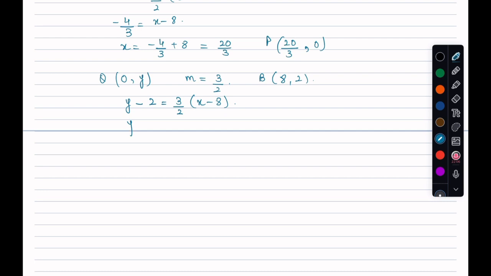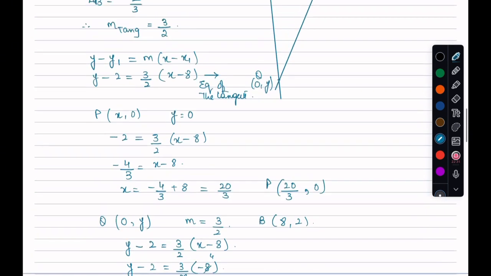Substituting x as 0, I will be left with y minus 2 equals 3 by 2 times negative 8, or y minus 2 equals negative 12, or I can say that the y value here is going to be negative 10, meaning Q shall have the coordinate (0, -10) here.